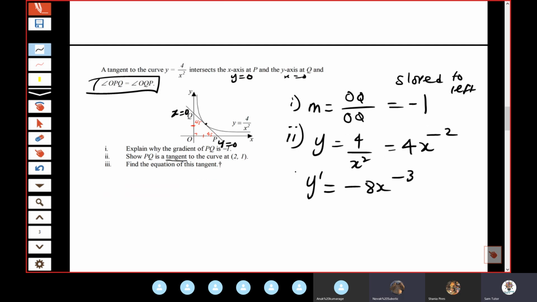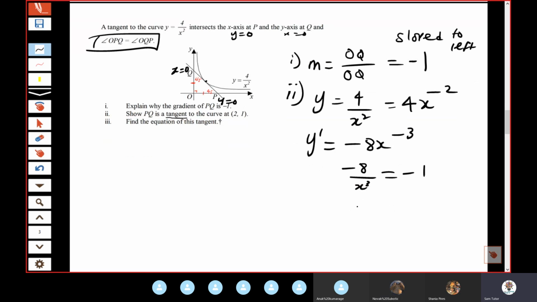And what do you know about that gradient? Well, that is the gradient function that works everywhere. But you know that specifically there, the gradient is -1. So what are you going to write now? -8 on x cubed equals -1.